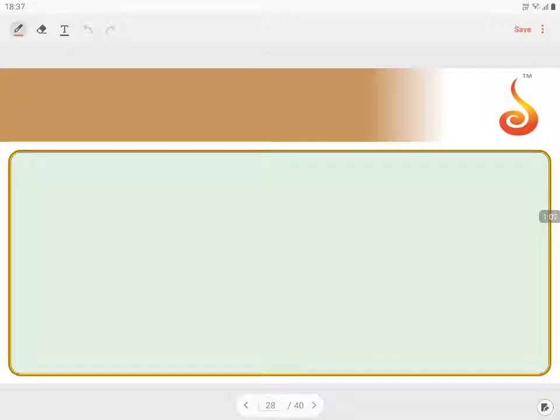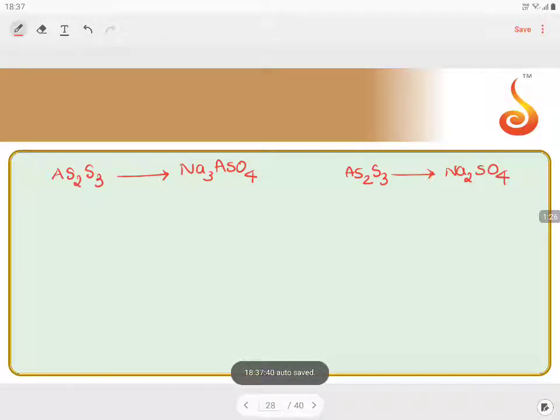As2S3 converting into, let us take individually, Na3AsO4. This is one. Same way, As2S3 converting into Na2SO4. Okay, let us take these two.